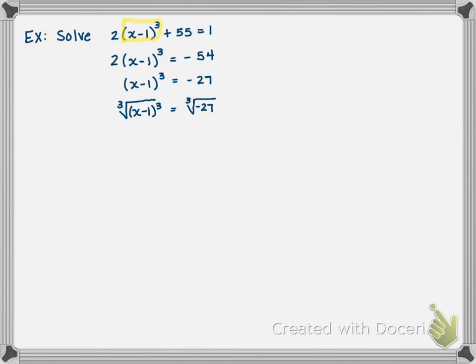So every positive number only has 1 cube root. So that's why we don't have that plus or minus. That absolute value thing doesn't apply for odd index or odd exponents. So here we're just going to get x minus 1 is equal to negative 3, which is the cube root of negative 27. And then x equals negative 2 is my solution.